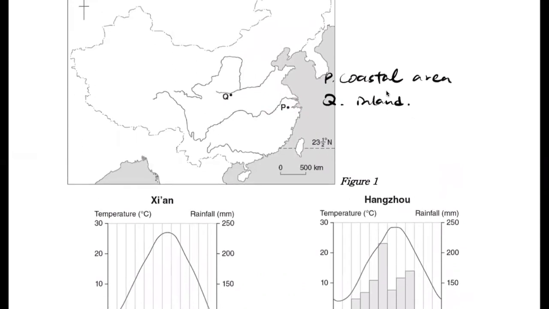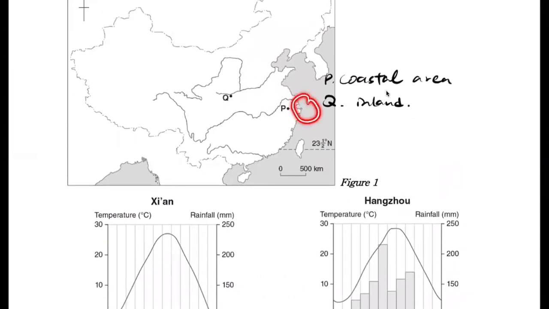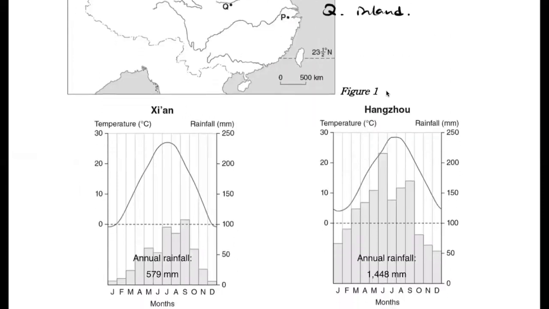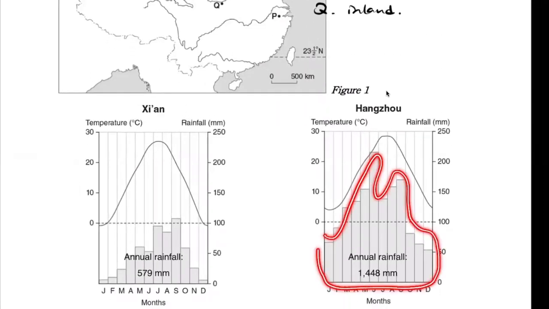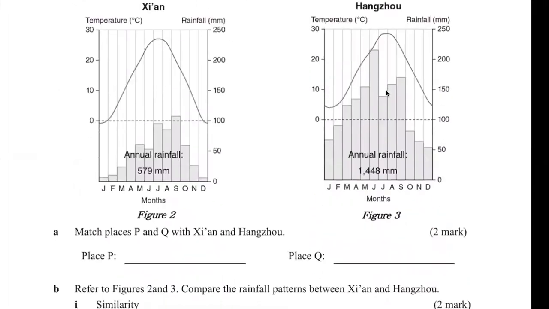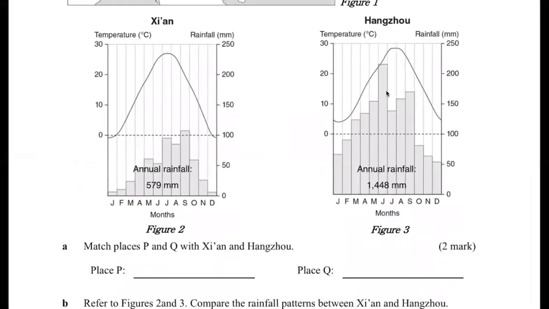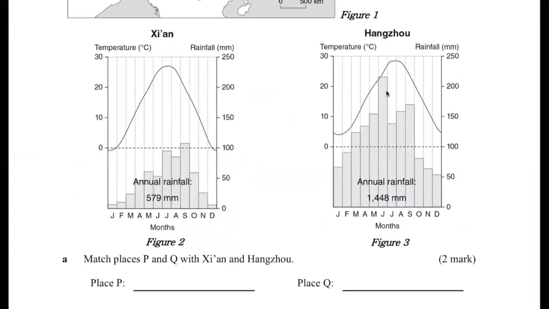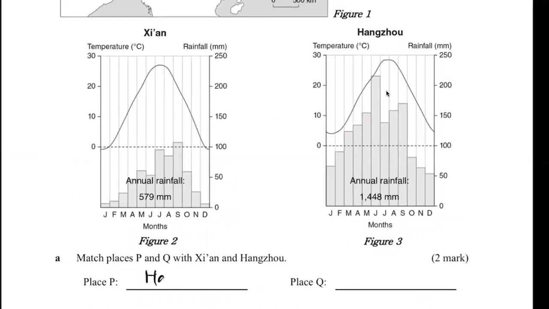For a coastal area, it's very close to the sea, so theoretically the place there will have higher annual rainfall because of the influence of the ocean. So we can give the conclusion that place P is actually Hangzhou, and place X is actually Xi'an.